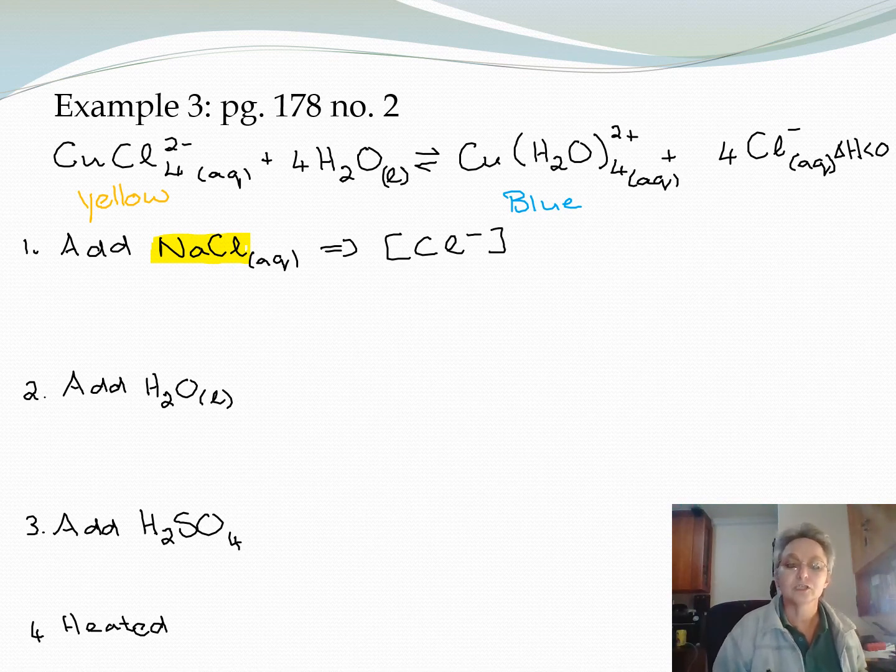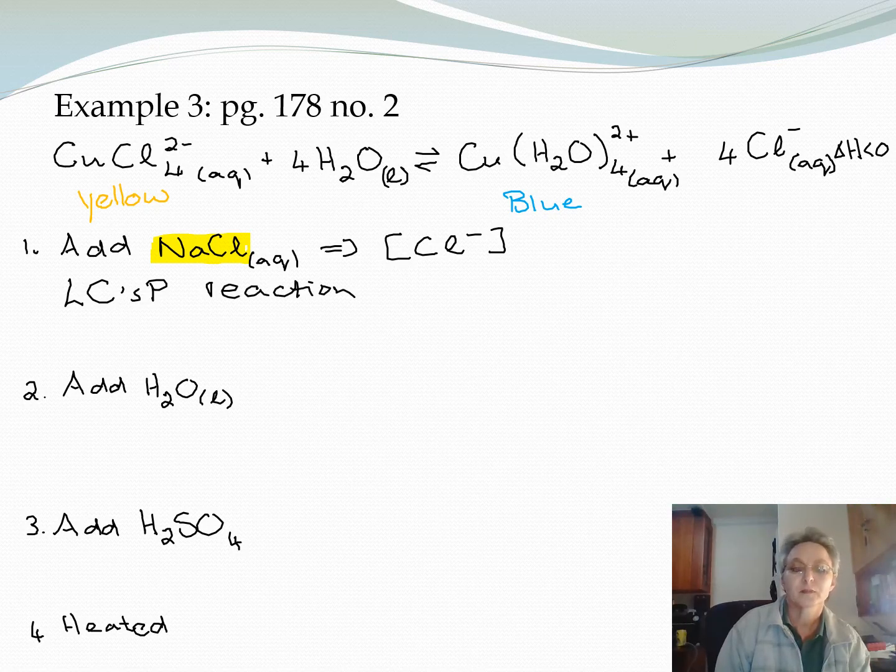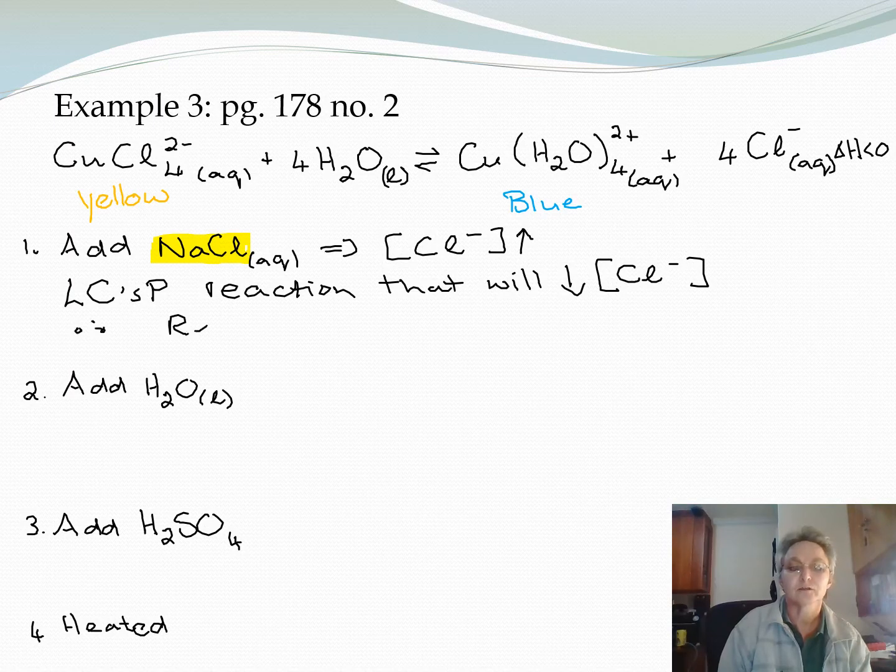And according to Le Chatelier's principle, the reaction that will decrease or oppose this increase in chloride concentration, so the reaction that will decrease the chloride concentration is favored. So that is the reverse reaction.